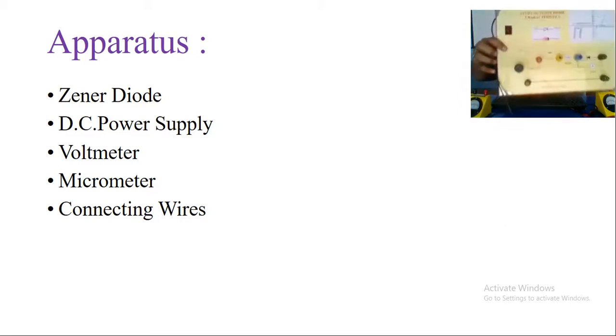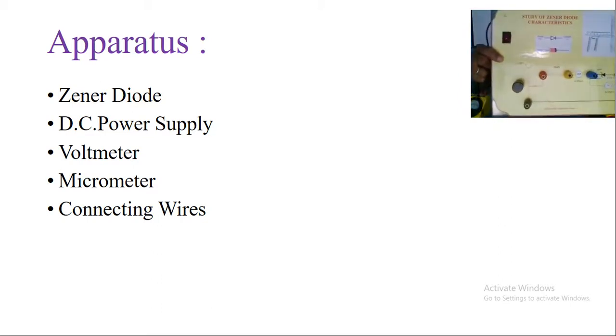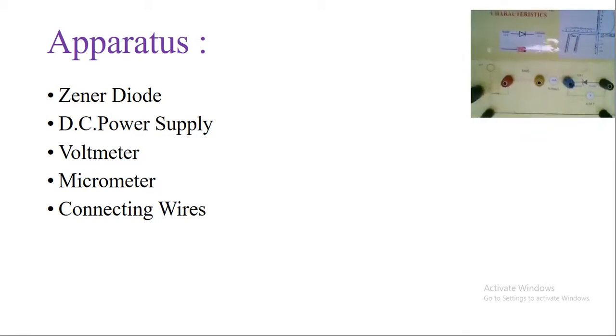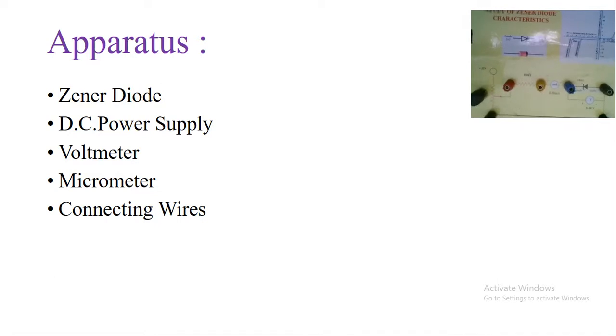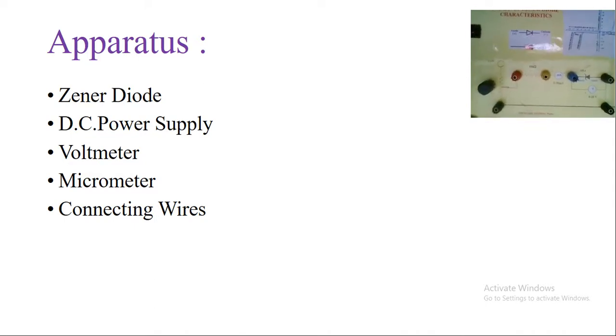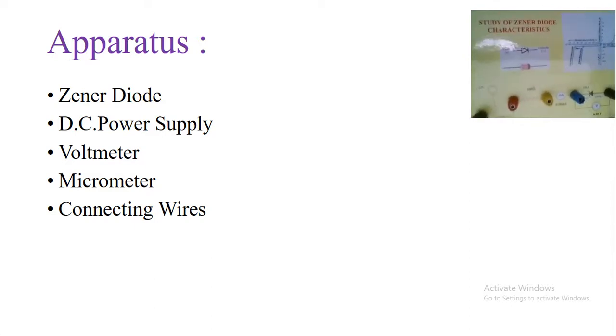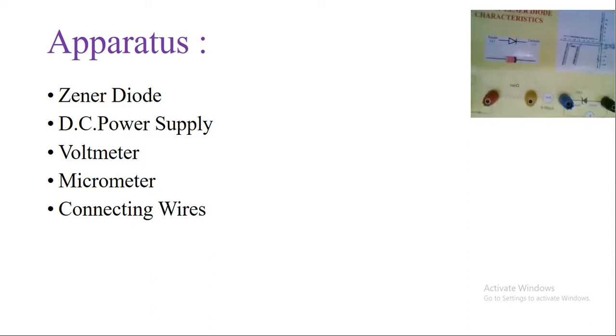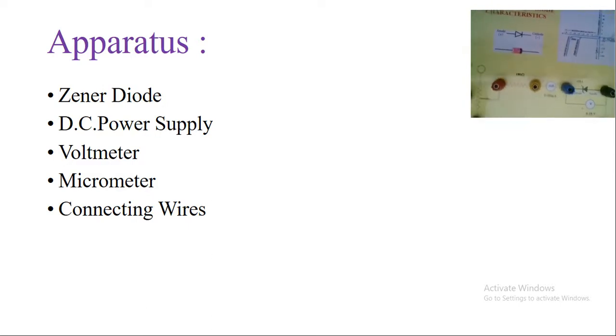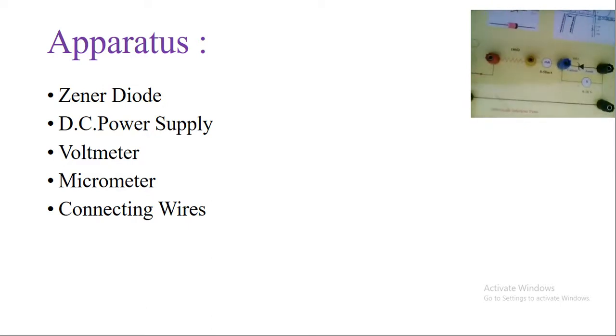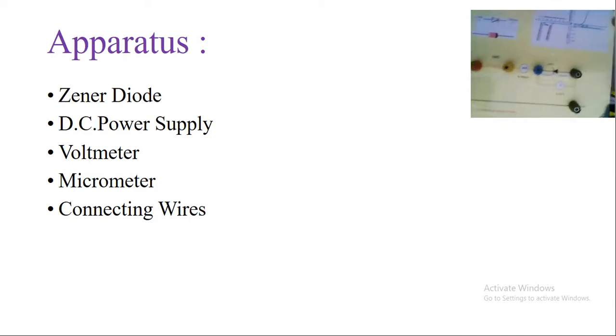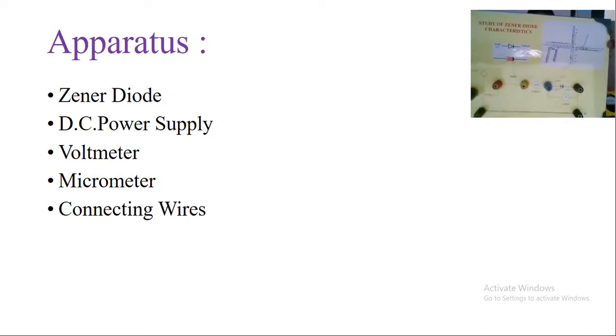So this is the ready-made kit, the terminals are given, and you just have to connect these terminals. This is a very easy connection. As you can see, the Zener diode symbol is here, and the kit itself tells you which instrument is connected where. The position is also mentioned there. As you can see here, the milliammeter should be connected between these points, and the voltmeter is given. This is the ready-made kit.